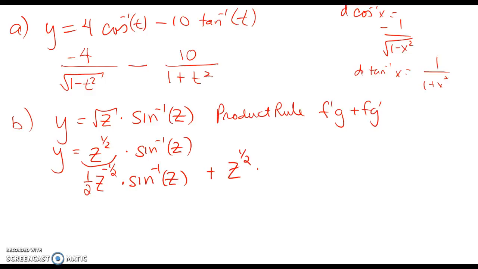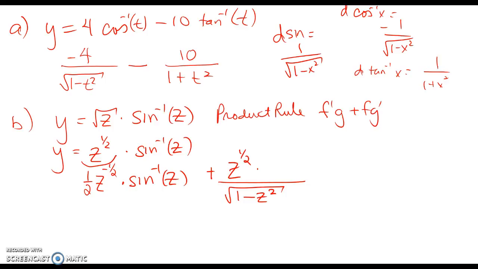So the derivative of sine inverse, if we go back, the derivative of sine inverse of x equals 1 over the square root of 1 minus x squared. So it'll be 1 over the square root of 1 minus z squared.